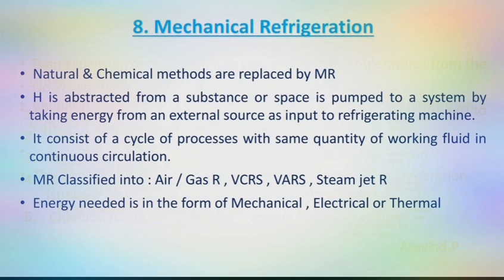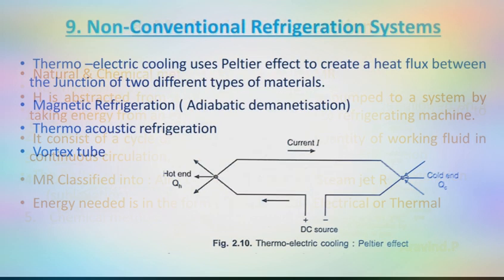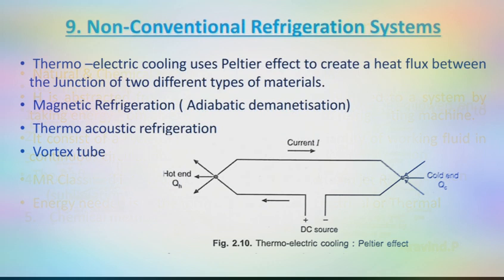The energy needed may be mechanical, electrical or thermal. Due to the energy crisis, a lot of effort has been made by various agencies to develop refrigeration systems. Now we are going to discuss these non-conventional refrigeration systems.